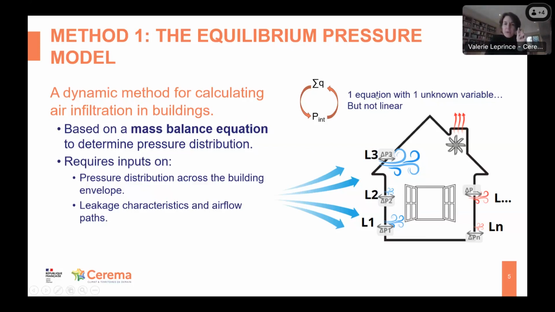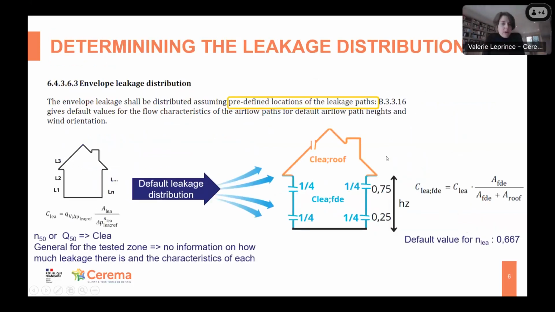But to establish this equation, you need the pressure distribution all across the envelope, the leakage characteristics and the airflow paths. The problem is that the only thing you usually have is the airtightness value of the building, which you have obtained either through a blower test or a pulse test, for example. No matter what, you just have this value. And so you need to make a lot of assumptions.